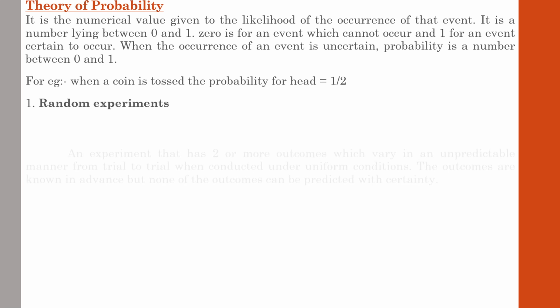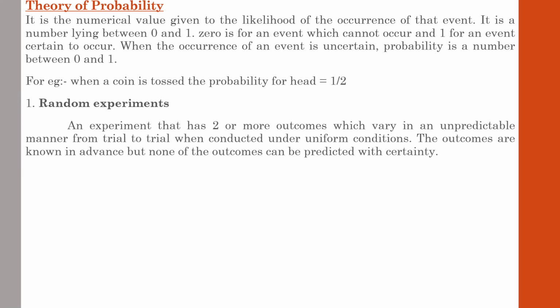Random experiment is an experiment that has two or more outcomes which vary in an unpredictable manner from trial to trial, when conducted under uniform conditions. In a random experiment, all possible outcomes are known in advance, but none of the outcomes can be predicted with certainty. With an example, you will get a clear picture.